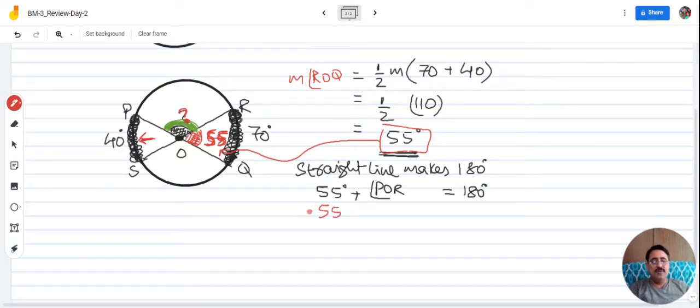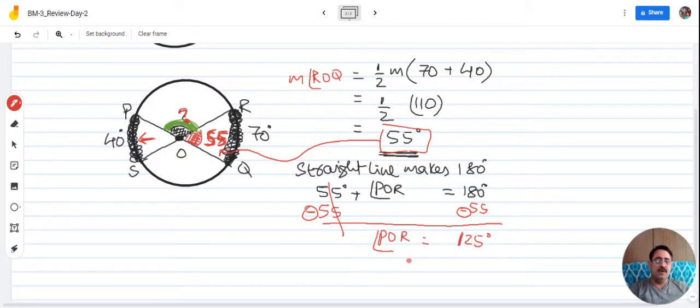We take away 55 on both sides, then the value of angle POR equals 125. Correct me if I'm wrong. Yes, it is 125 degrees. So angle POR equals 125 degrees. Well, let's go to the next question really quick.